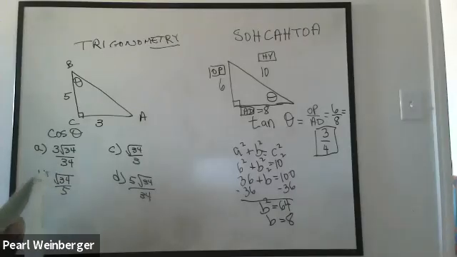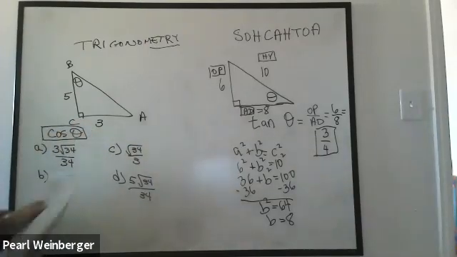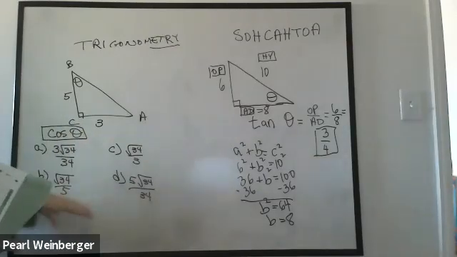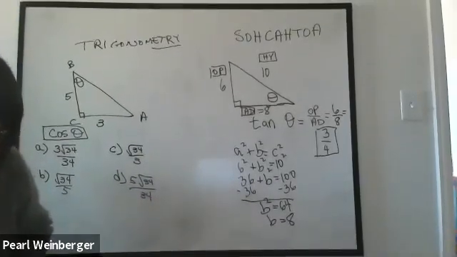Okay, so they want you to find the cosine of theta, and it has to be one of these 4 choices. I'm going to give you a few minutes to try it out, and then we'll do it together.